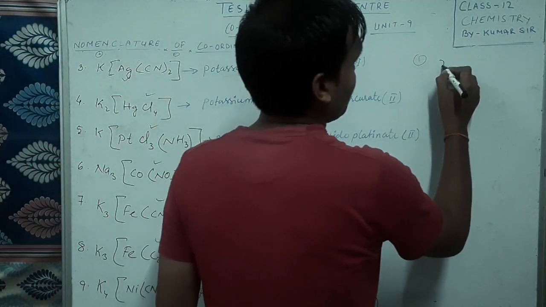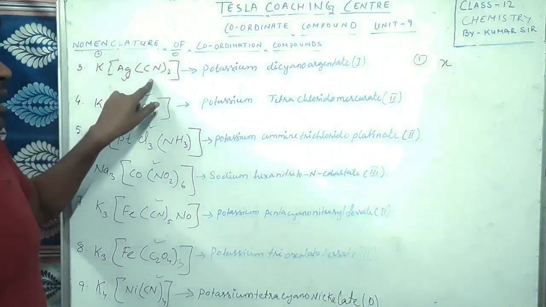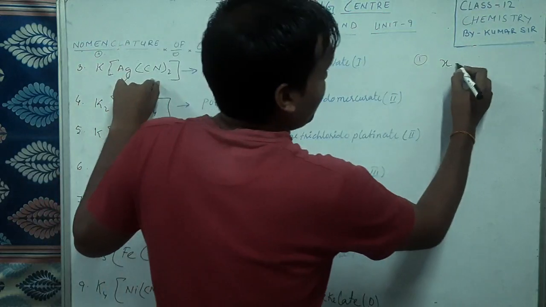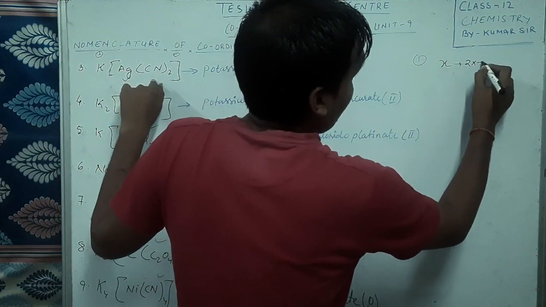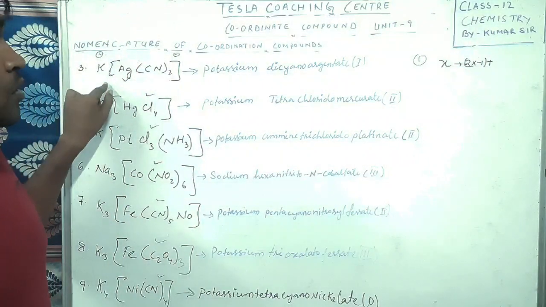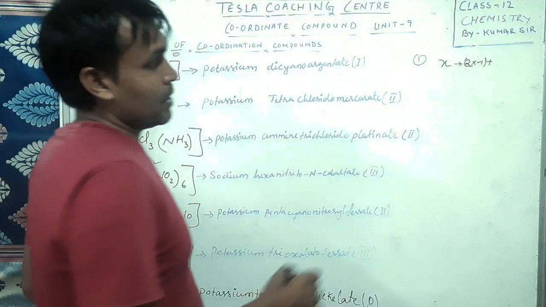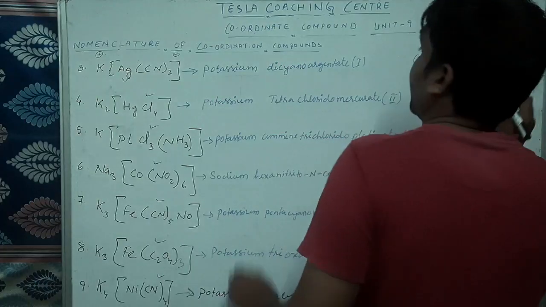So let's assume the oxidation number of Ag as X. The oxidation number of CN, all of you know it, right? That is -1. Plus the oxidation number of K, all of you know again, it will be +1.